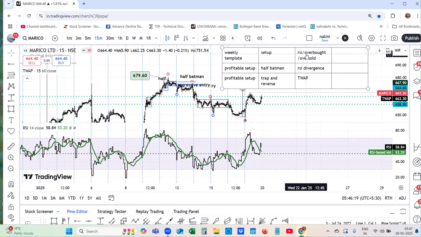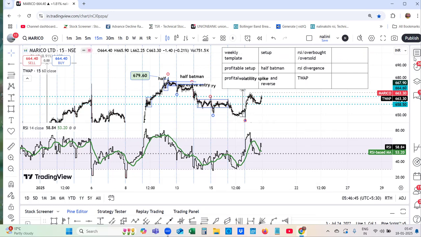If you do this routinely, you can apply this template to all the stocks and recognize which stock is going to give you a reversal in the market. So you can become profitable by analyzing this.